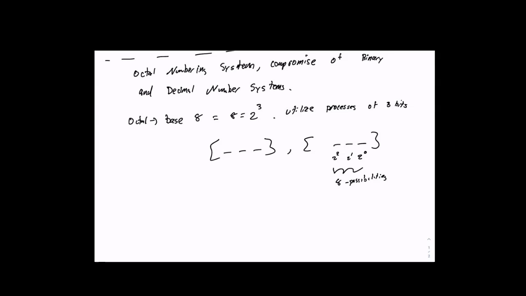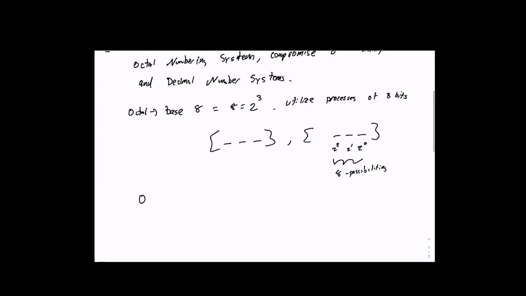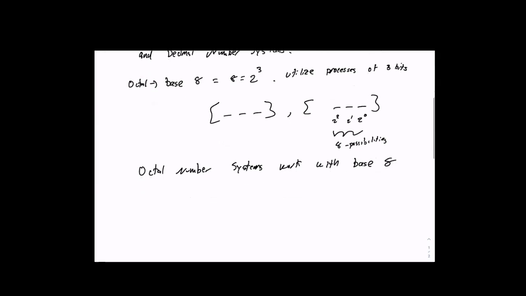So you can do everything the same, but the options here in an octal number system work with base 8, and you're still able to get all the same numbers as we did before.